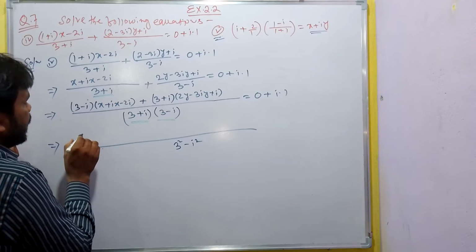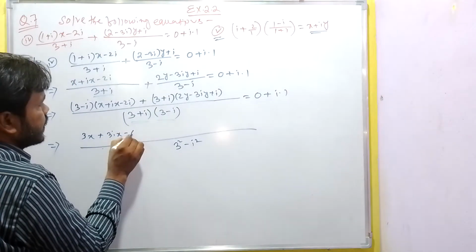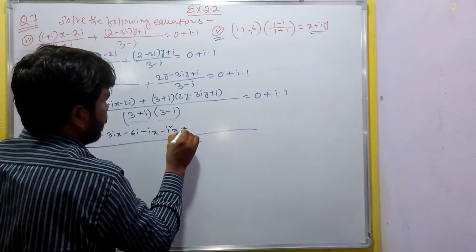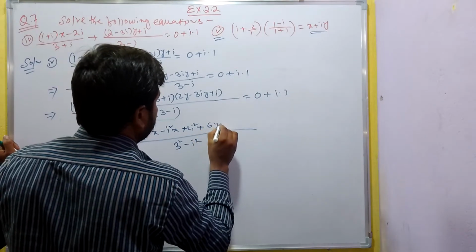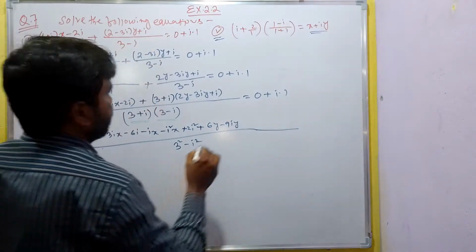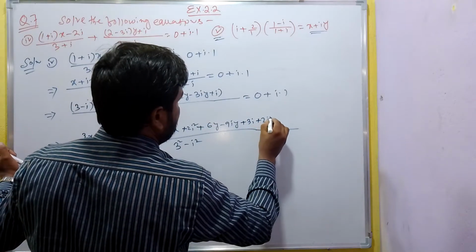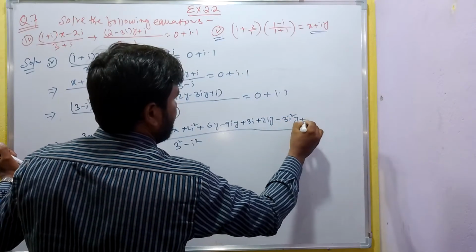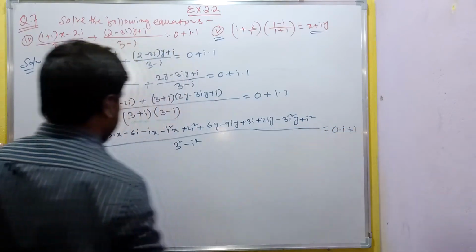So what happened: 3x + 3ix − 6i − ix − i²x + 2i² plus 6y − 9iy, minus 9iy, plus 3i plus 2iy − 3i²y + i², equals 0 into i + 1.